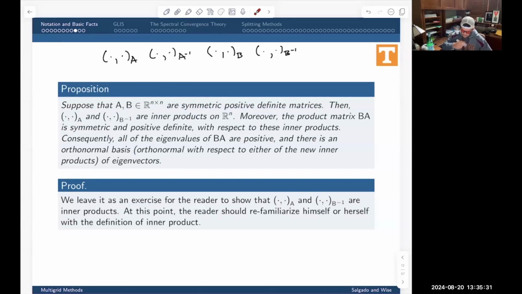All right. So how do I show that these two objects are inner products? All you have to do is check the basic properties of an inner product, the axioms of what it means to be an inner product. There's like four or five. There's the symmetry property. Remember, if we were in complex n-dimensional space, then we would talk about conjugate symmetry.